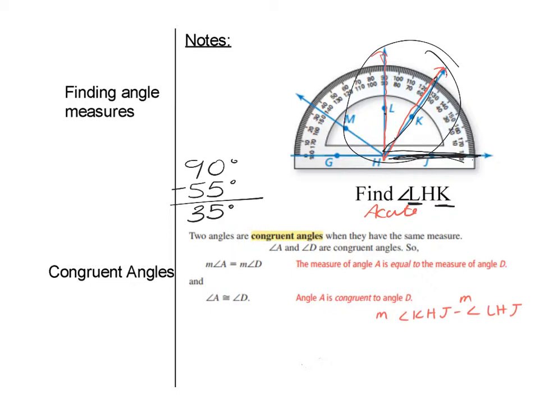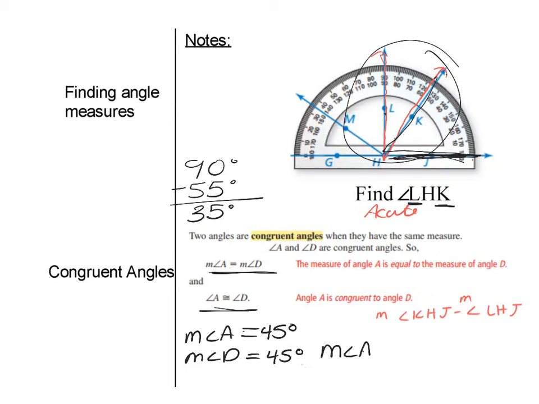The other thing, it just says we're looking at measures that are equal, and two angles that have the same or equal measures are congruent to each other. So if, let's say, the measure of angle A is 45 degrees, and the measure of angle D is 45 degrees, then the measure of angle A is equal to the measure of angle D, and therefore angle A, without the M, is congruent to angle D, without the M. Does that make sense?